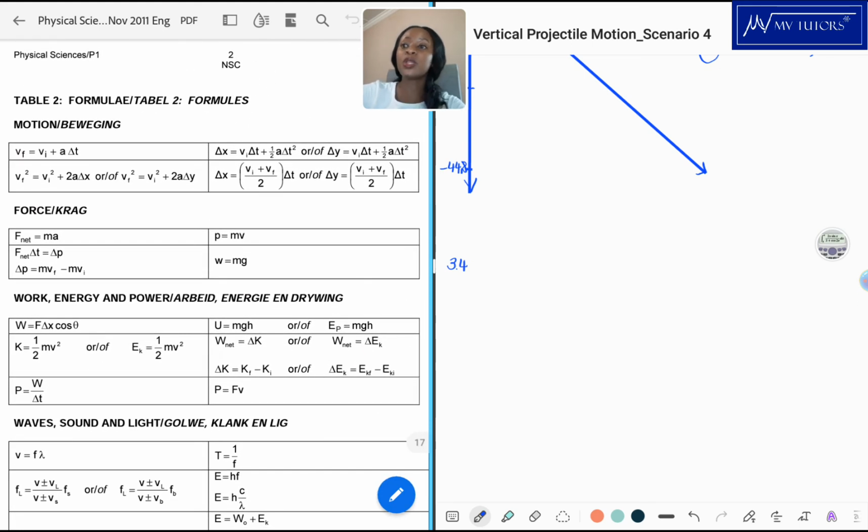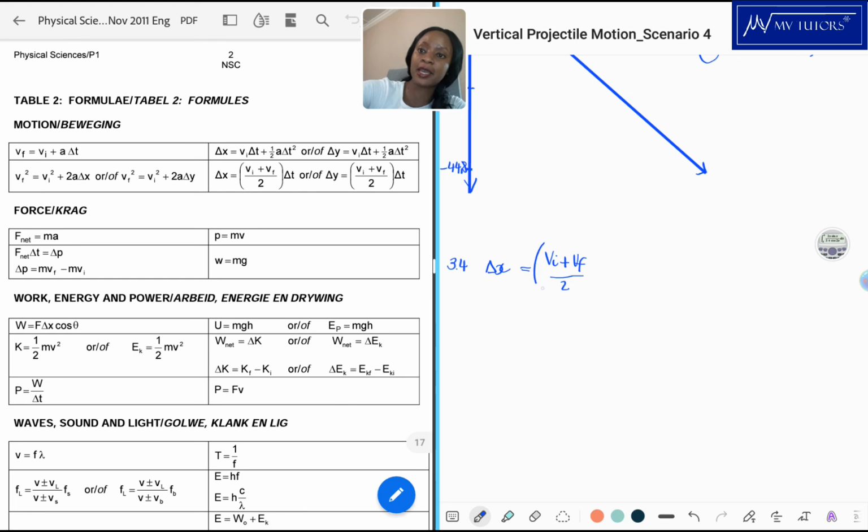We know his initial velocity and his final velocity are the same, so I'm not going to use the first or second equation. I want to use the last one, delta x equals initial velocity plus final velocity over 2, times delta t.